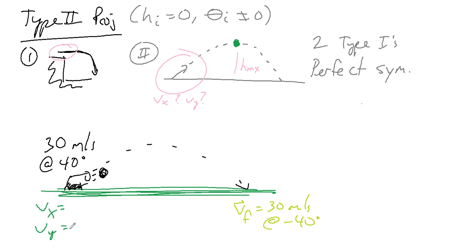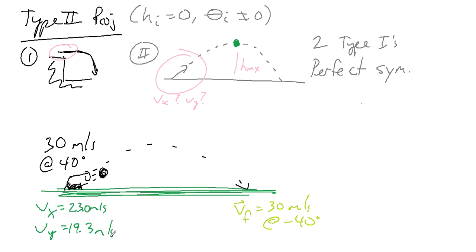I'm going to round quite a bit: we'll say 23 meters per second is my vx, and 19.3 meters per second for my vy. So that's where we start first. Each one of these is used for different types of quantities, and if you remember, it's the time that really connects the two together.